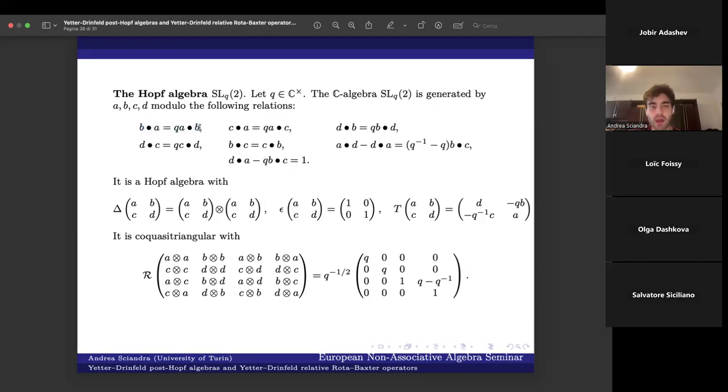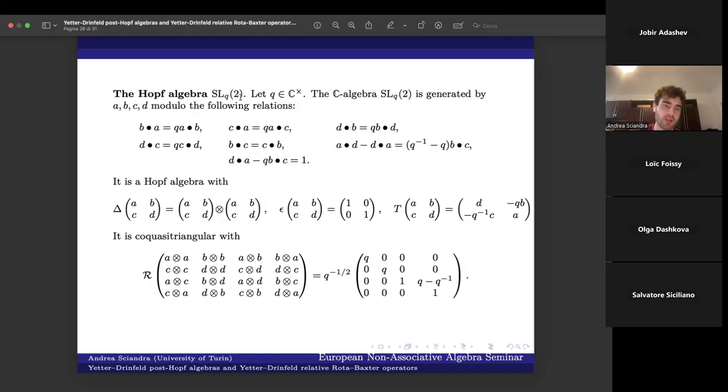So BA is qAB, and so on. DC is qCD. CA is qAC. The only two guys that commute are B and C, while for A and D we have this more different relation. And we also impose the so-called quantum determinant condition.